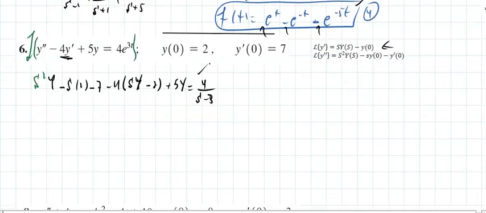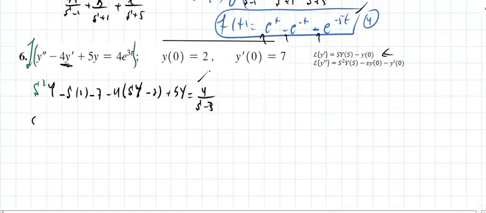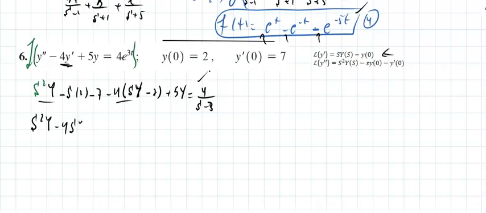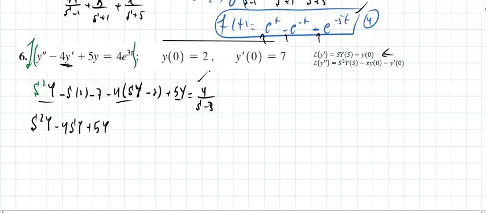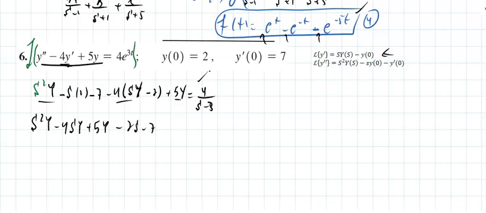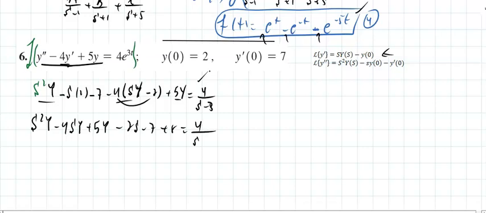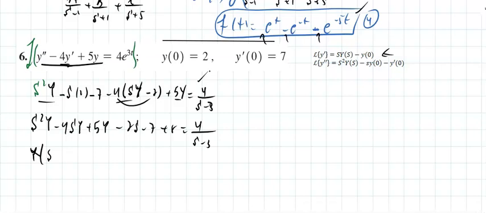So if I go ahead and get s squared Y minus 4sY plus 5Y, again, it should be right there. And minus 2s minus 7 plus 8, oh, no pluses, that's it, equals 4 over s minus 3. So if I take Y out of this, I'm looking at s squared minus 4s plus 5.